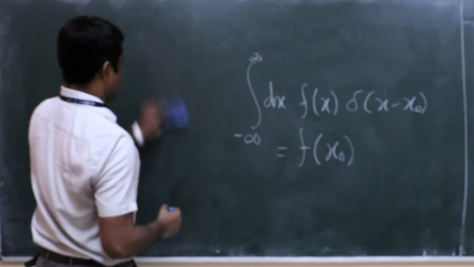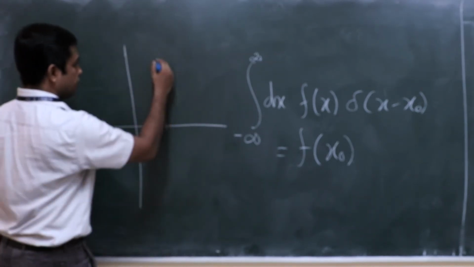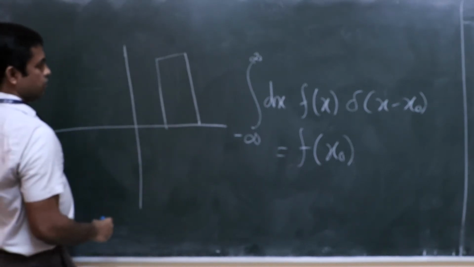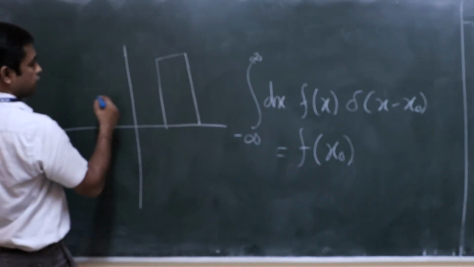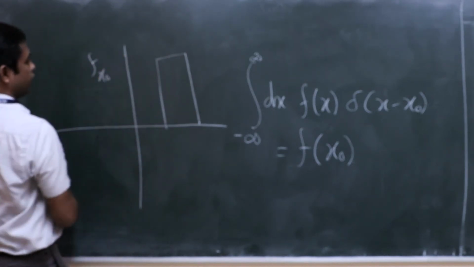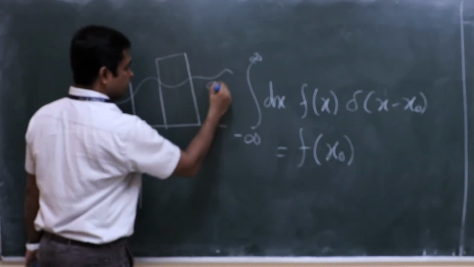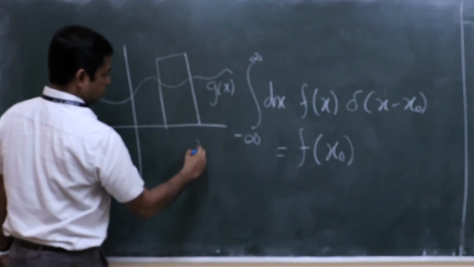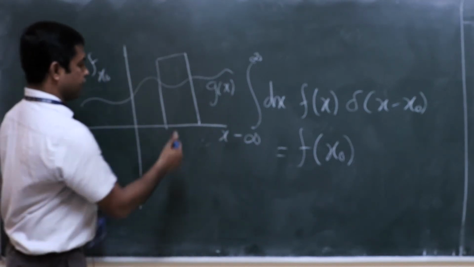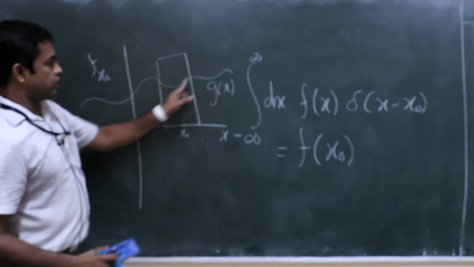So again, let us go back to the box function. There is another function g of x, and the box function is there around x0.